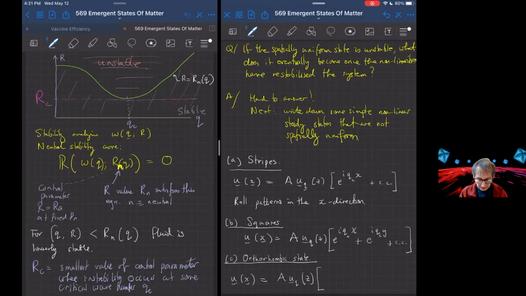So this would look like the following: e to the i qc (x cosine theta plus y sine theta) plus e to the i qc (x cosine theta minus y sine theta) plus the complex conjugate.